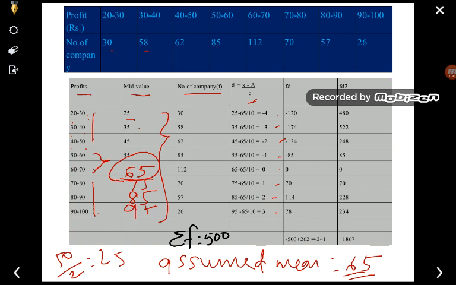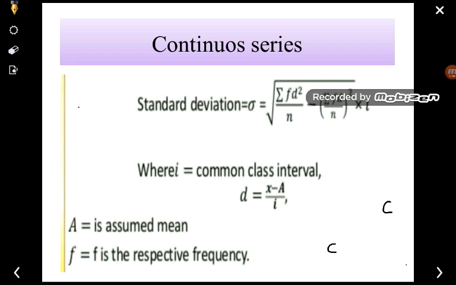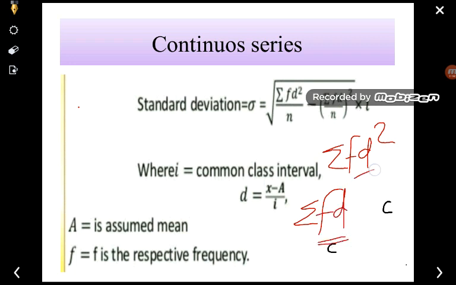Now we know the formula. According to the formula, you must calculate the summation of fd square as well as the summation of fd. So we have to calculate this fd as well as the fd square.